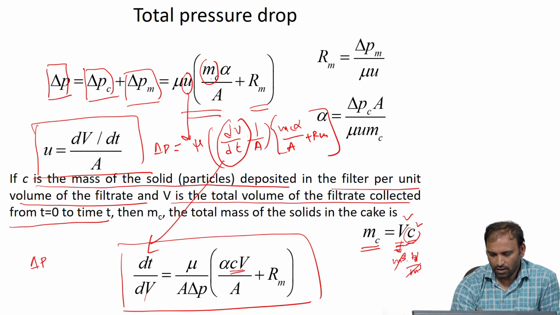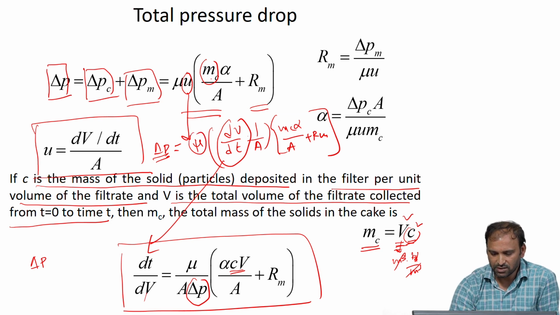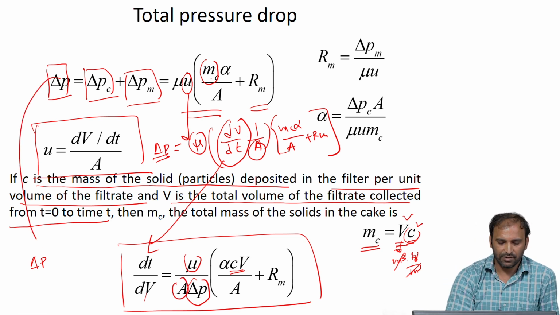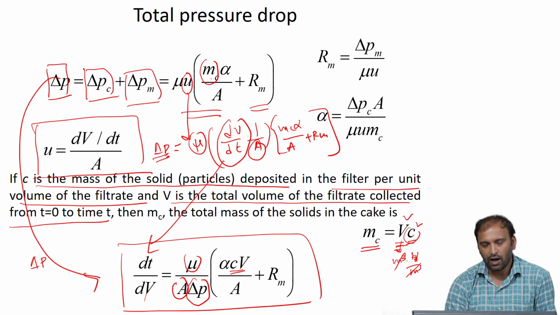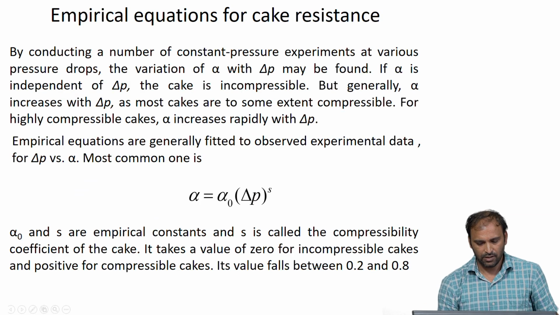I'm going to get delta P to the right-hand side, so you have delta P in the denominator, mu remains wherever it is, and A also remains in the denominator. So essentially I'm recasting this equation as dt by dV is equal to mu divided by A delta P times (alpha cV divided by A plus Rm).